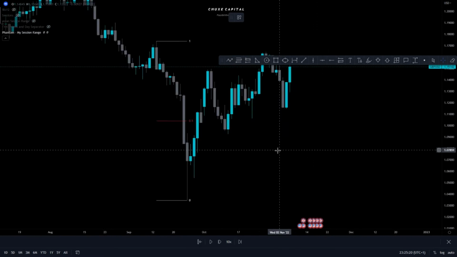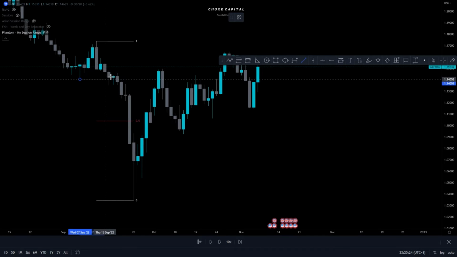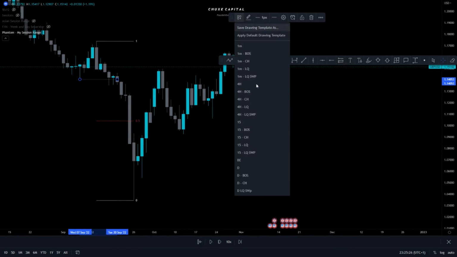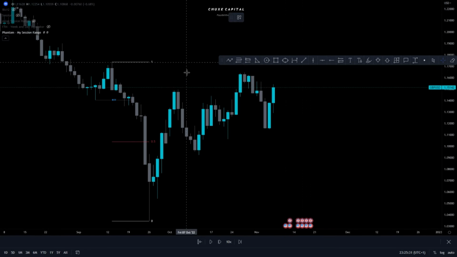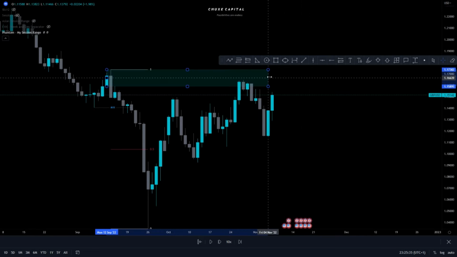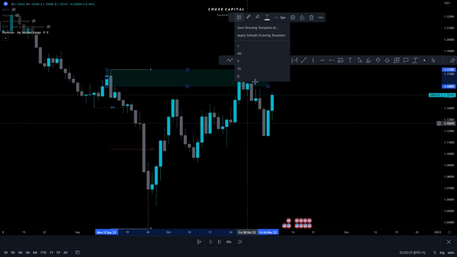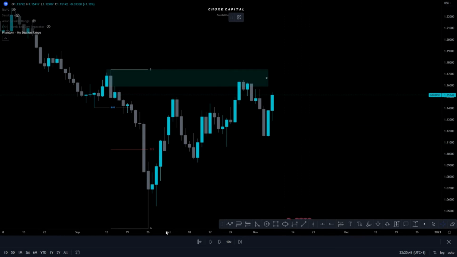We broke this here, and we're currently in a premium area of price. So we have this daily OB here. We have this internal bullish structure, and at the moment we have this OB here.